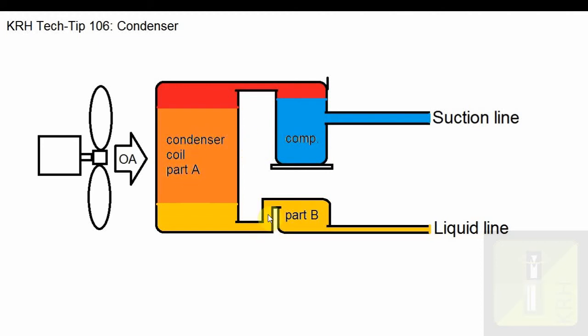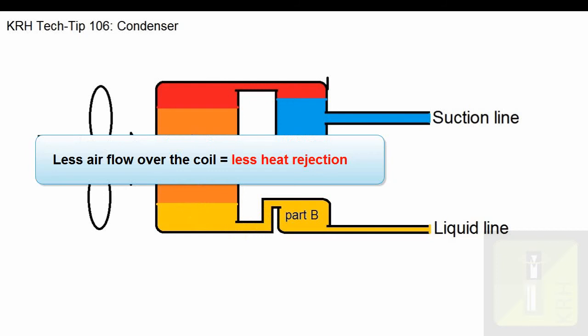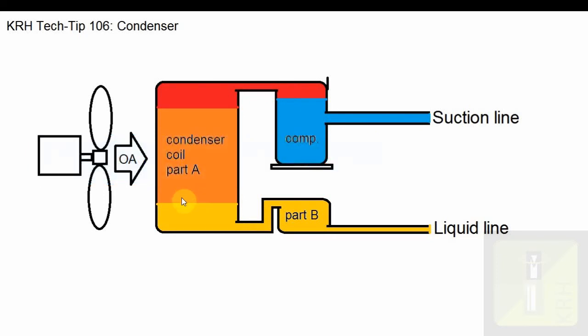So if we have a reduction in heat rejection, which creates a reduction in condensing, the head pressure is going to continue to rise until we reach a point that the condensing rate is matching the rate of vapor being pumped in. We'll reach a point based on the equilibrium of the heat rejection rate. So, a dirty condenser coil is going to give me a higher head pressure, a higher saturation temperature, and I'm going to have less subcooling of the refrigerant.